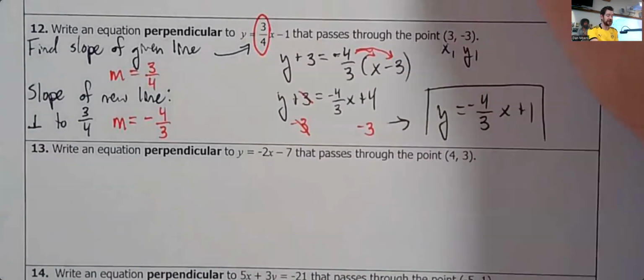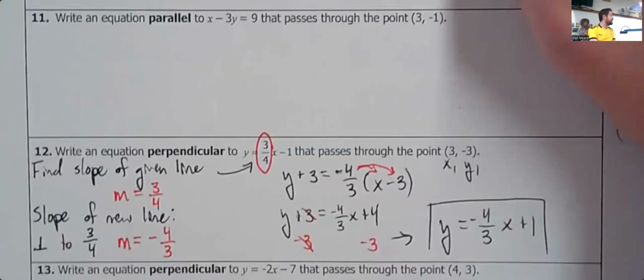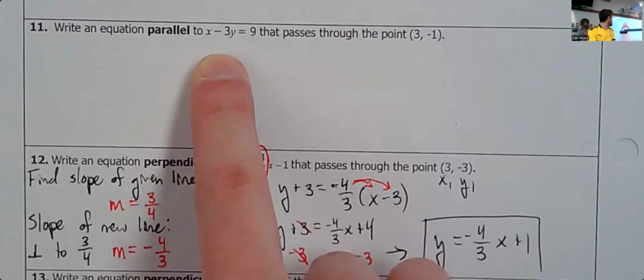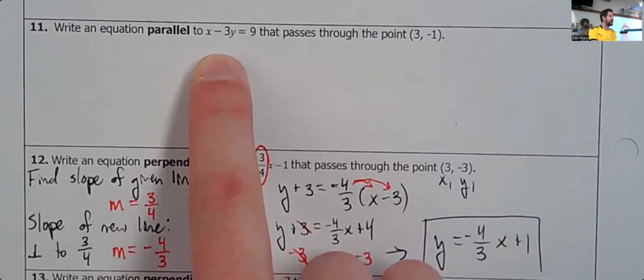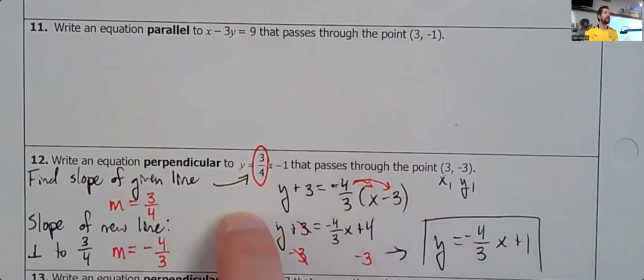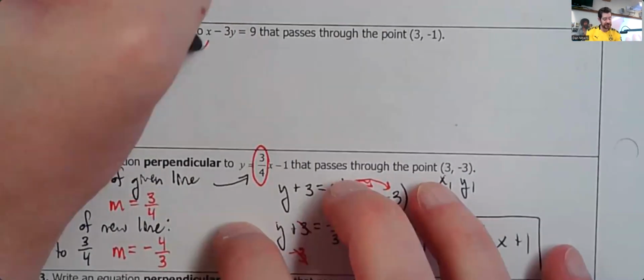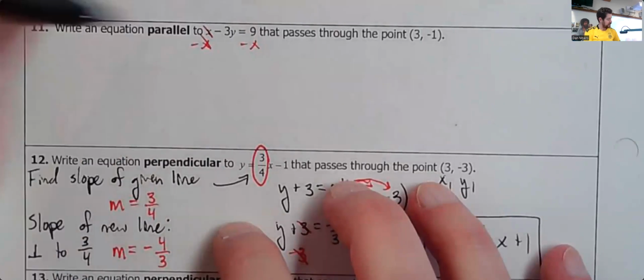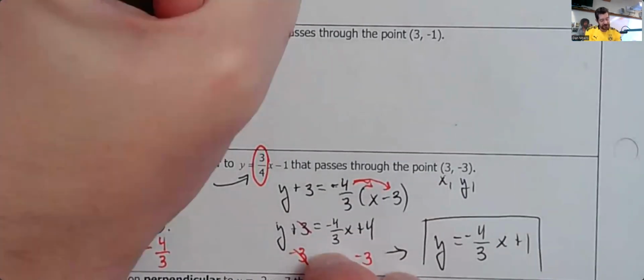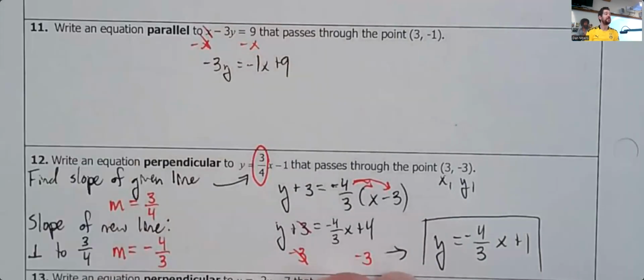All right, let's look at number 11. So number 11, we need to figure out the slope of the original line, of the given line. This one here is not in slope intercept, so we don't know the slope yet. This is in standard form, so we have to get y by itself. So this is what we did yesterday. We need to subtract x from both sides. And we're going to get -3y equals -1x plus 9.